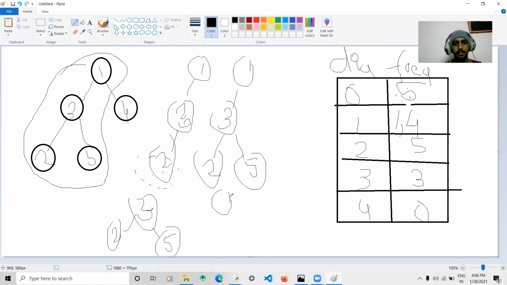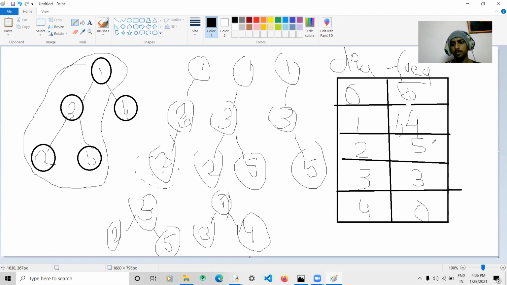We have one tree like this, 1, 3, and 4. So that's 4 in total. The fifth one is basically 1, 3, and 5. They all have diameter 2. That's why the frequency is 5.